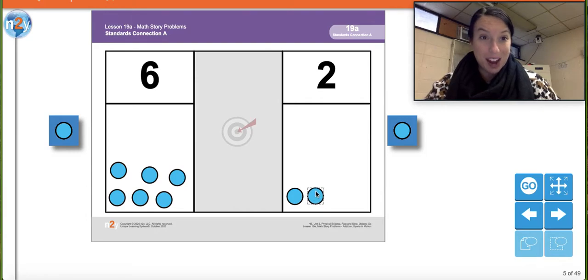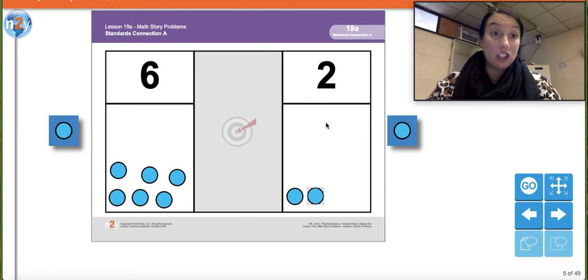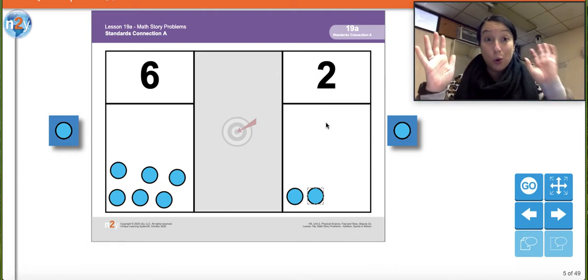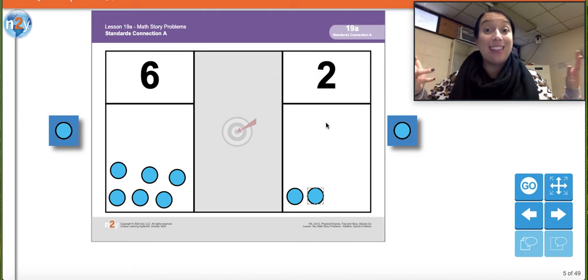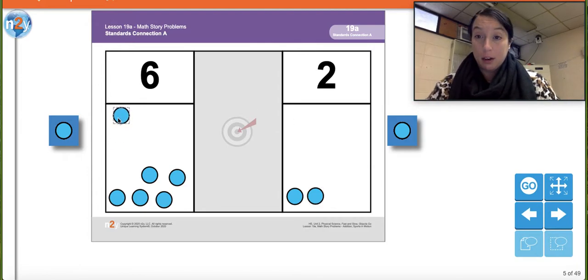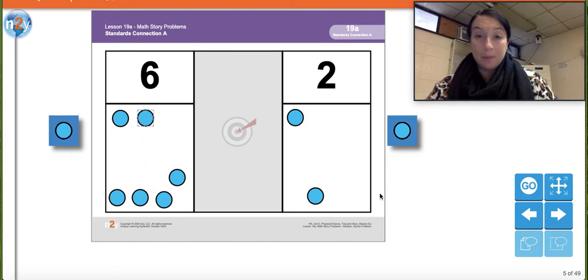All right, we ready? Let's pull them up on each side to see which number, the 6 or the 2, has some left over. And that will be the bigger number. So let's see. Let's pull one up here. One up here. All right, let's do another one. One up here. One up here. Uh-oh.